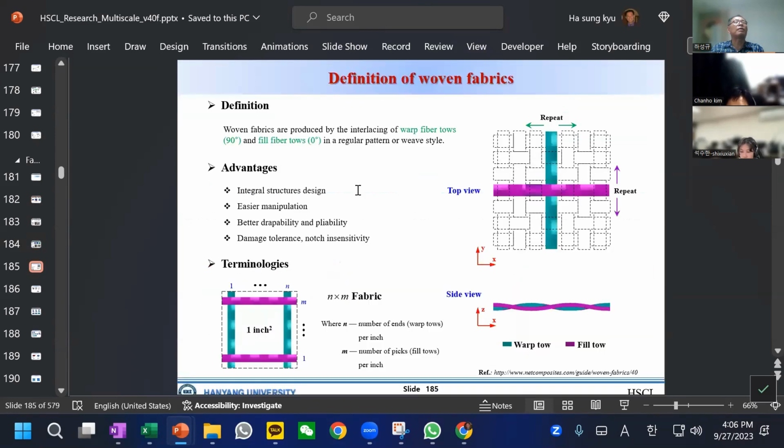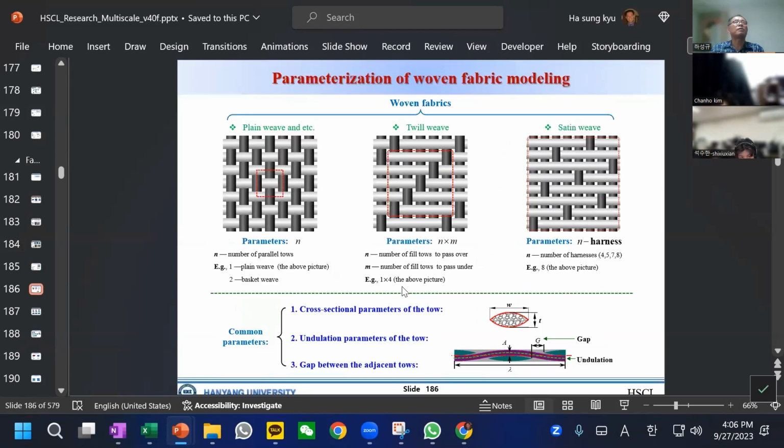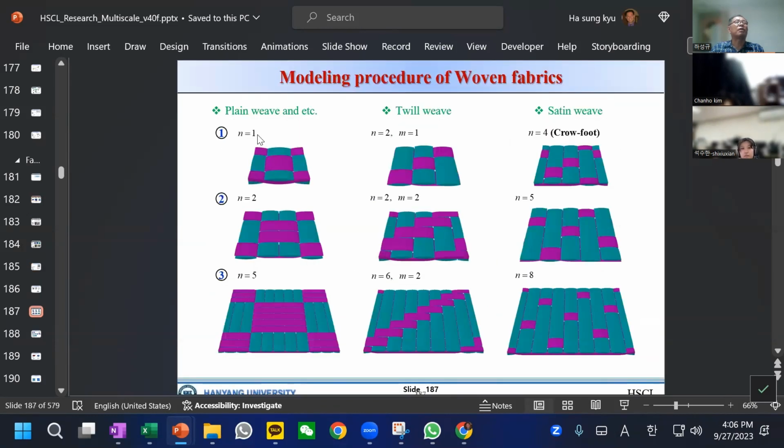And then we can geometrically model them like this, and we can see just the number of interlocks. We can generate many different types of woven patterns. But keep in mind, each one will represent a tow, and each tow can be a 24K or 50K.